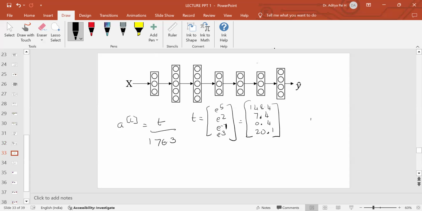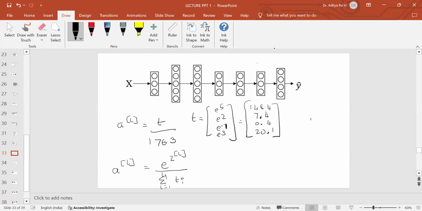The total is 176.3, and this is the formula we got: A of L is equal to e to the power of z of L divided by the summation i equal to 1 to 4 of T of i.